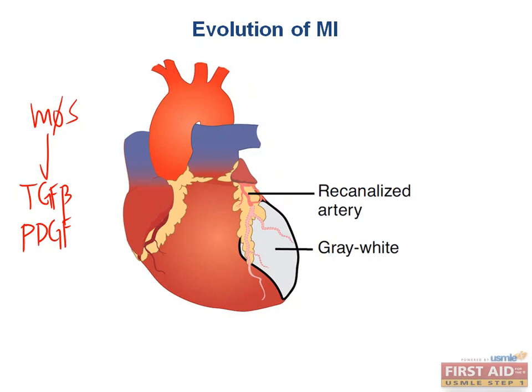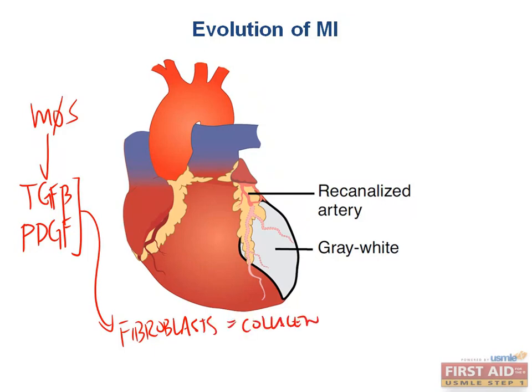These tell fibroblasts to come in and start depositing the tissues that fibroblasts make, which include what? Collagen. Because some type of stronger tissue needs to replace the area that is just necrosed and has been cleared out. There is no longer any viable myocytes within this area of the heart where we saw necrosis. We now just have scar tissue, which is replacement of previously viable myocardium with fibrotic scar tissue.